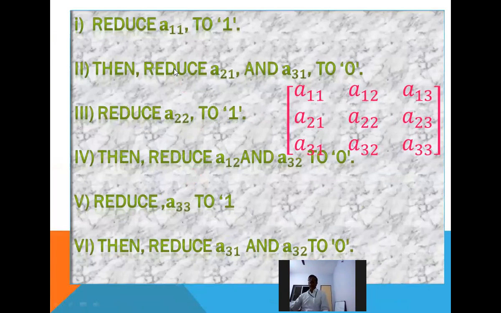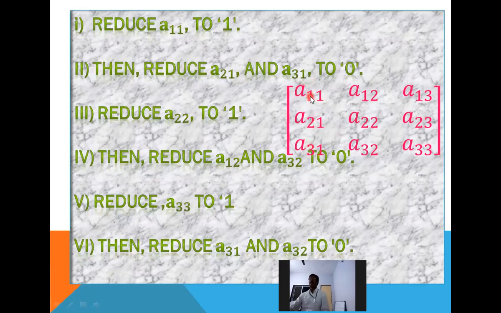We have to reduce this element a11 as a 1 first. हा जो काही a11 सम मॅट्रिक्स मधला हा जो काही एलिमेंट a11 आहे, या a11 ला तुम्हाला अगोदर 1 बनवायचं आहे. या एकच्या मदतीने तुम्हाला याला 0 आणि याला 0 बनवायचं आहे.